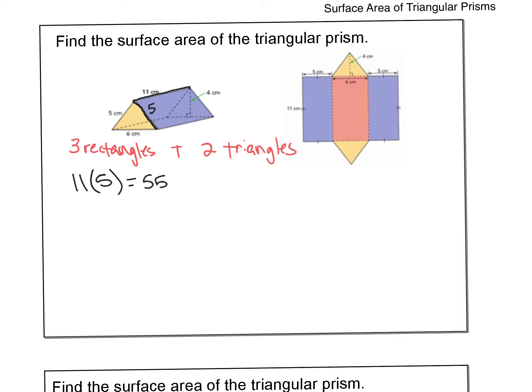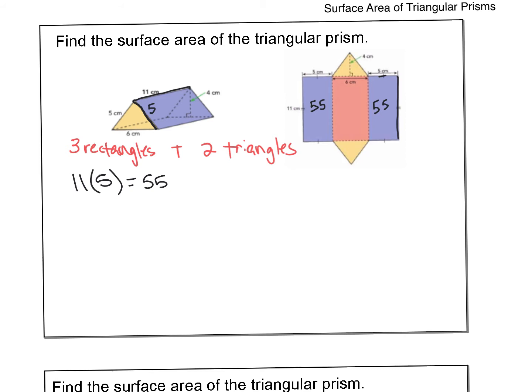So far we know this one, 11 times 5, and I'm just going to use this to help us visualize what we're doing. Now we can see that this second purple rectangle is exactly the same. It's 11 and it's 5. So then we know that this one is also 55.